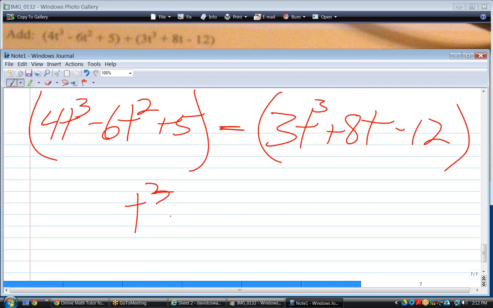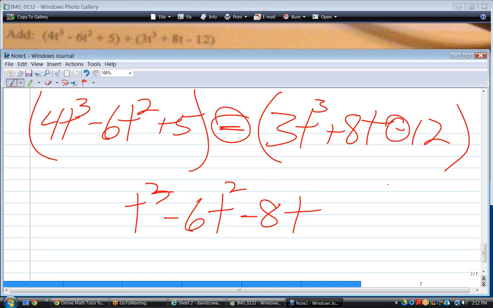Then it'd be -6t squared. -8t. And then minus... You got a negative there, you got a negative there. So it would be plus 70.